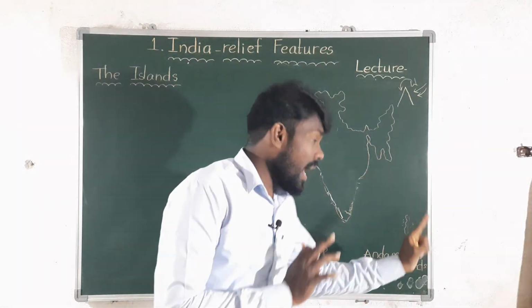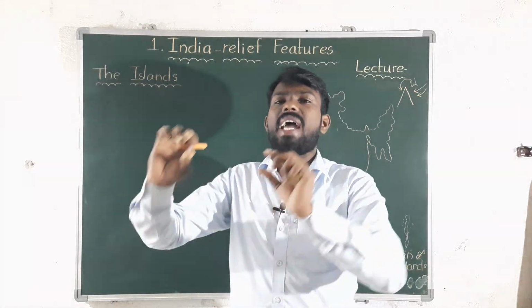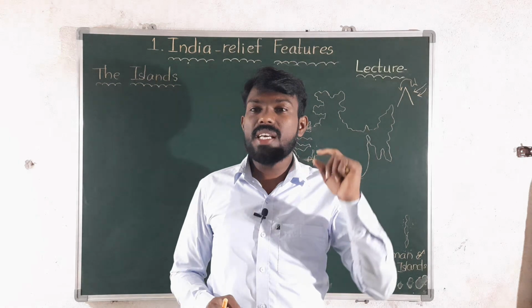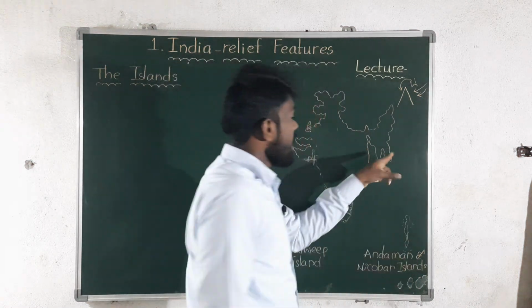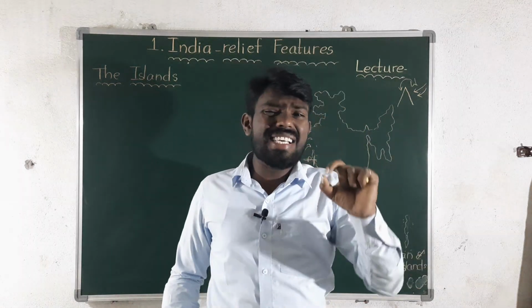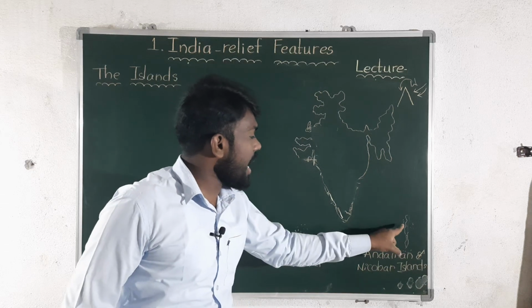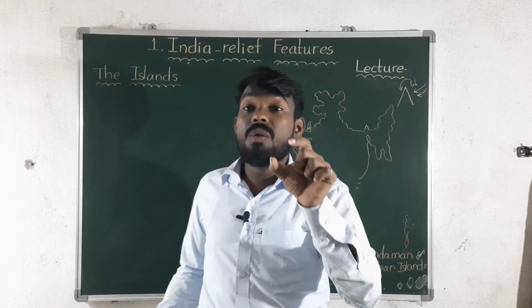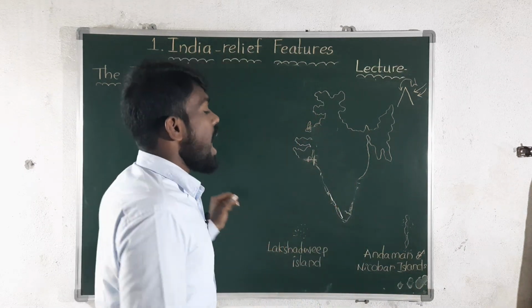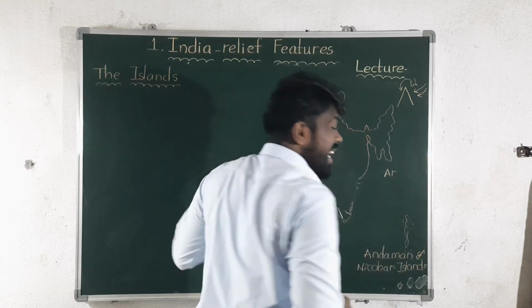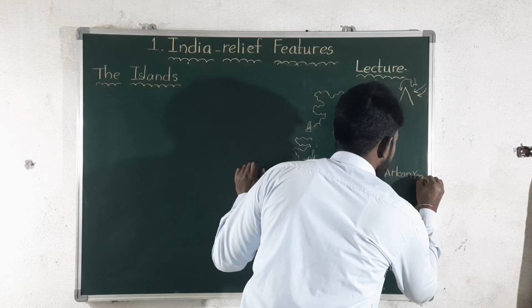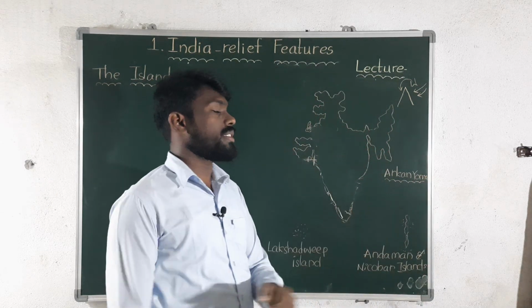The Andaman and Nicobar Islands are submerged mountain parts running from the Myanmar mountain, which is called Arakan Yoma.